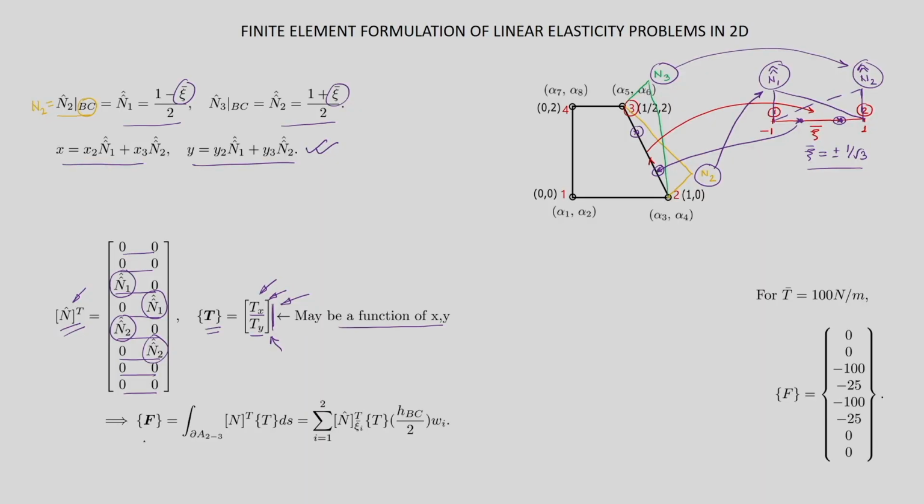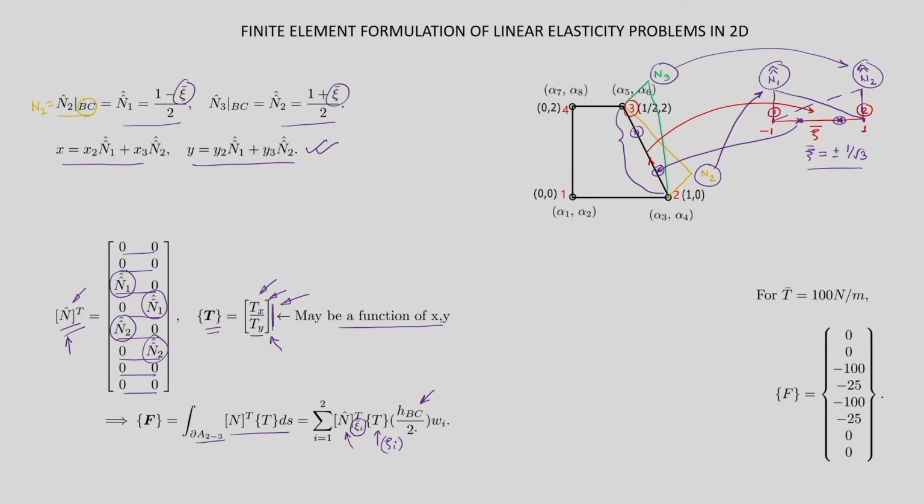Alright. So now how to calculate f? Here this is on the physical domain, along the edge 2 3. So we write it as N, this matrix calculated at xi i, transpose t, which has also been calculated at xi i, as I just told how to calculate t at a given Gauss point, times the Jacobian. In the one dimensional case, the Jacobian is the length of the physical element, which in this case is the length of BC.